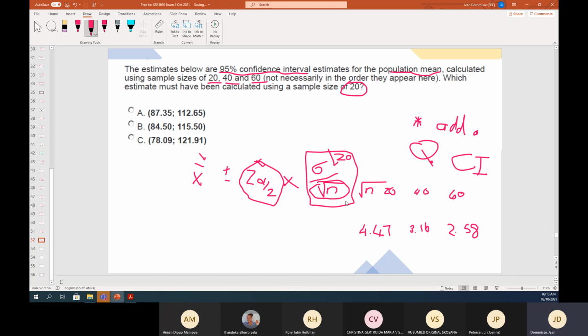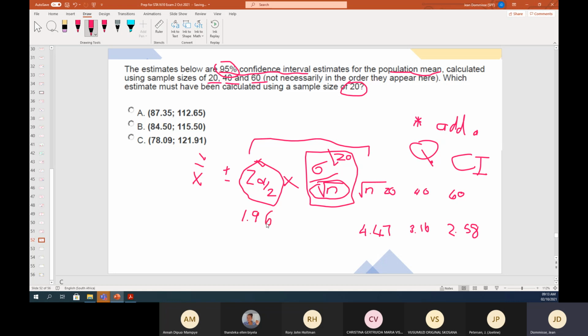Okay, then, because we're working with the margin of error, let's use the 95% that they gave us. The z value for 95% is 1.96.